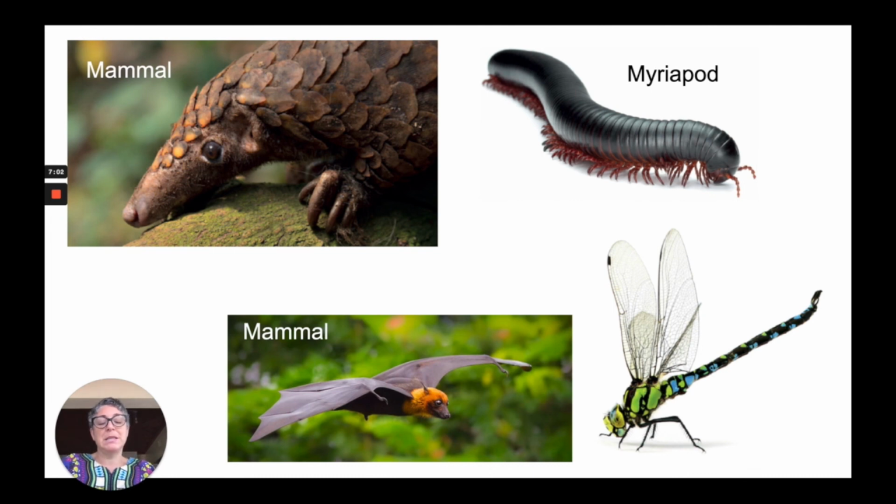It also has 6 legs. And while it's hard to see, its body is broken up into 3 specific areas. And so just basing it on the wings and the number of legs, we can identify this as an insect, which is what we call a dragonfly.